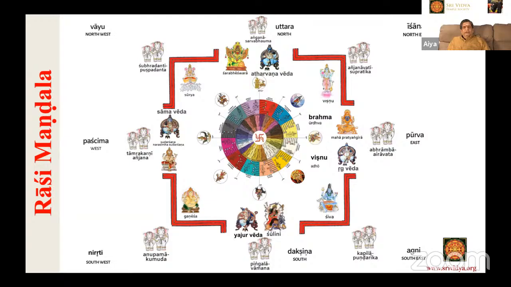So when we do the puja, we are invariably going to worship the entrances, the east, the south, west, and north. And when we worship them, we worship both the deities that are guarding the entrance plus the Veda that is responsible for that entrance. When you worship the deities guarding the entrance, they will protect you from absorbing anything that is going to happen during the commission of the puja. So don't worry about that.